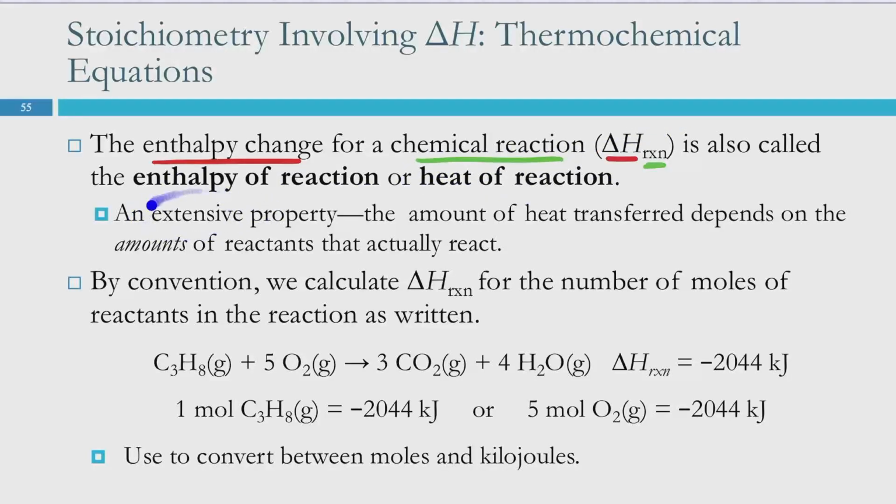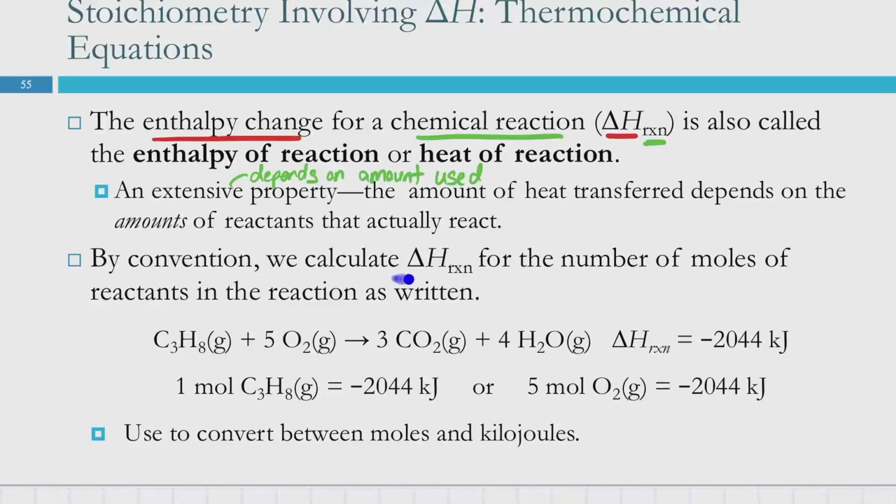This is an extensive property. It depends on the amount that we use. We know that it's extensive because if I light a little pile of wood, it's going to be hot. If I light a giant pile of wood, is that going to be the same amount of heat or a lot hotter? It's going to be a lot hotter. So the amount that we use changes the amount of heat that's transferred.